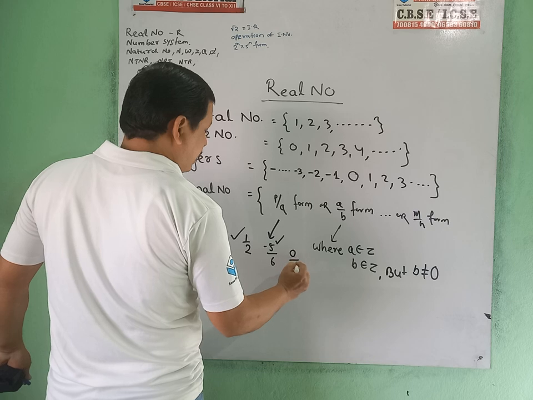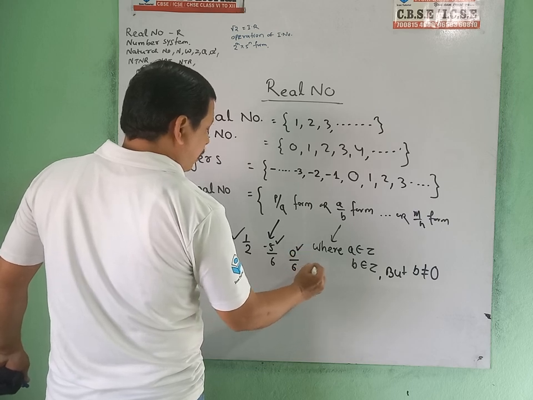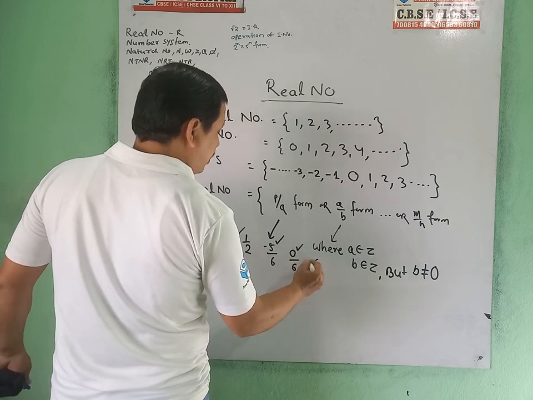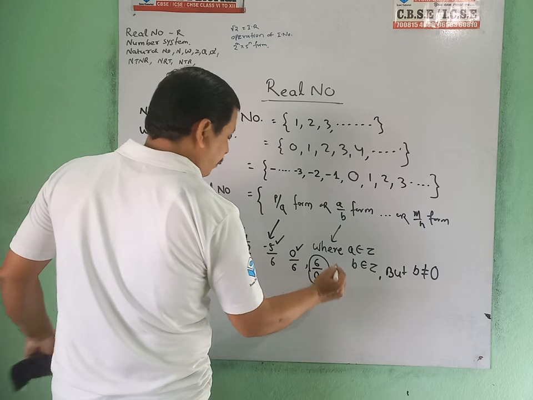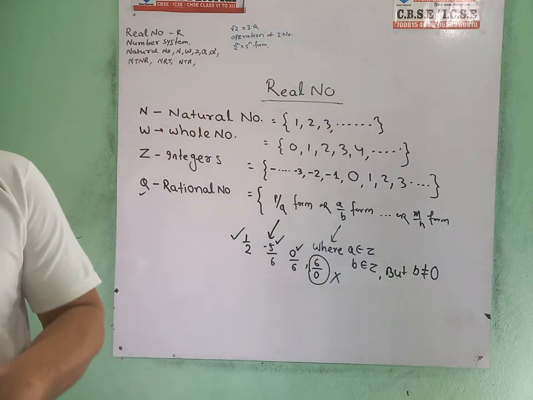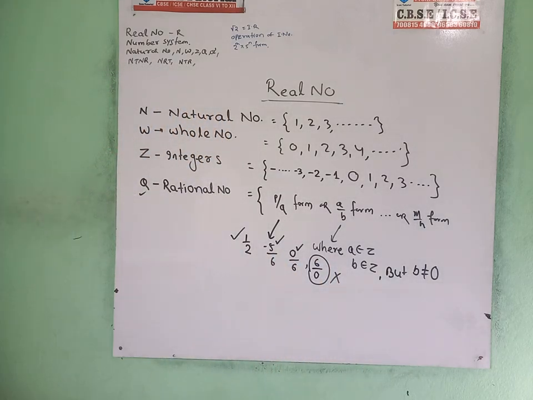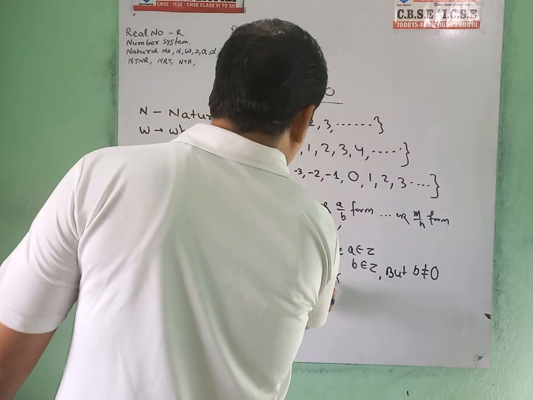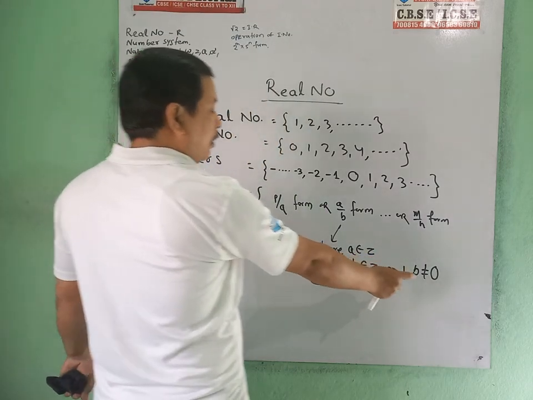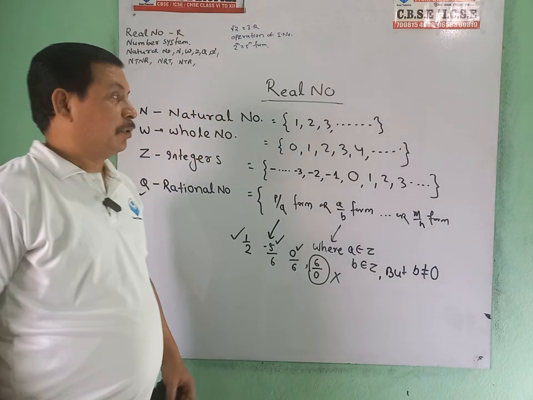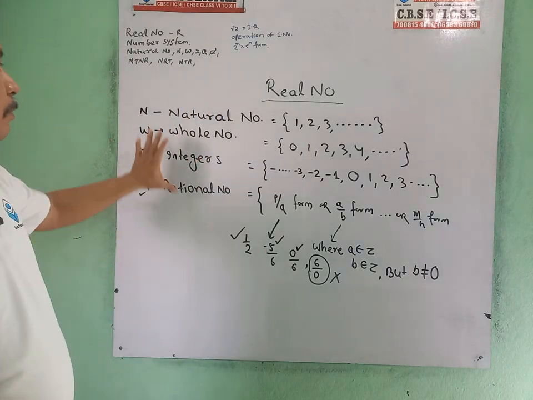Then 0 by 6 is also a rational number. But 6 by 0 is not a rational number. Clear? 6 by 0 is not a rational number because the denominator is 0, but we said that the denominator is not equal to 0. So I hope this part is completed.